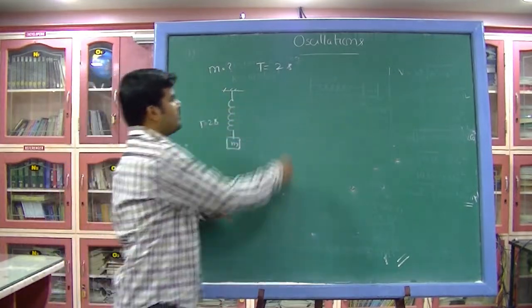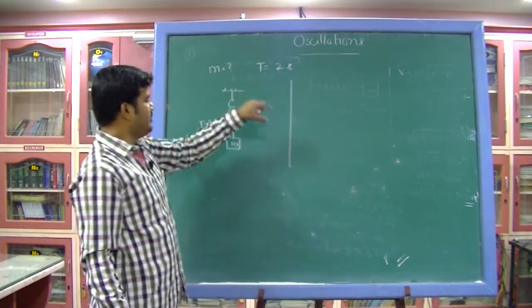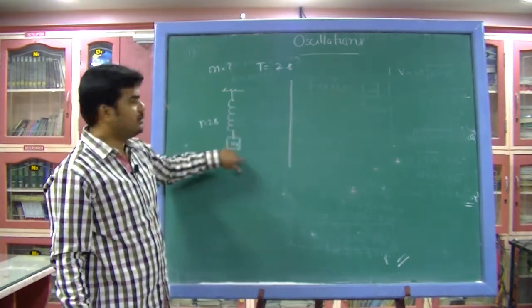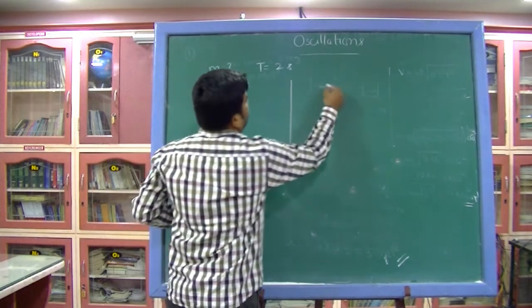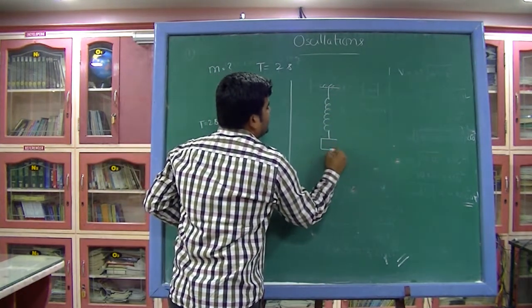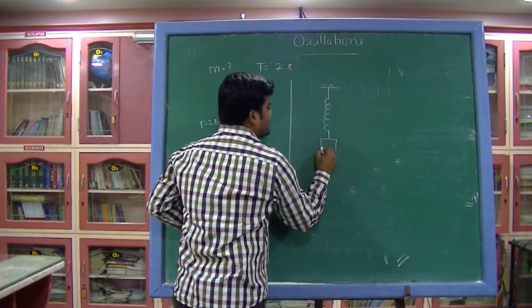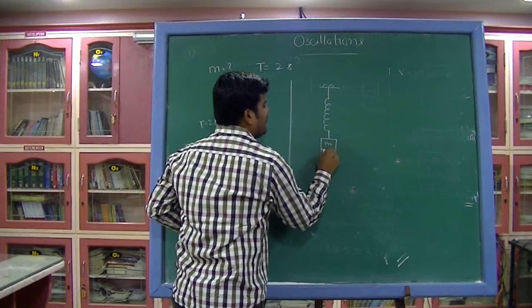Now, the modification done in the system is additionally 2 kg mass is added to this m. So, then let us draw another diagram. So, this is m and additionally some 2 kg mass is attached to this. So, here m and this is 2 kg.